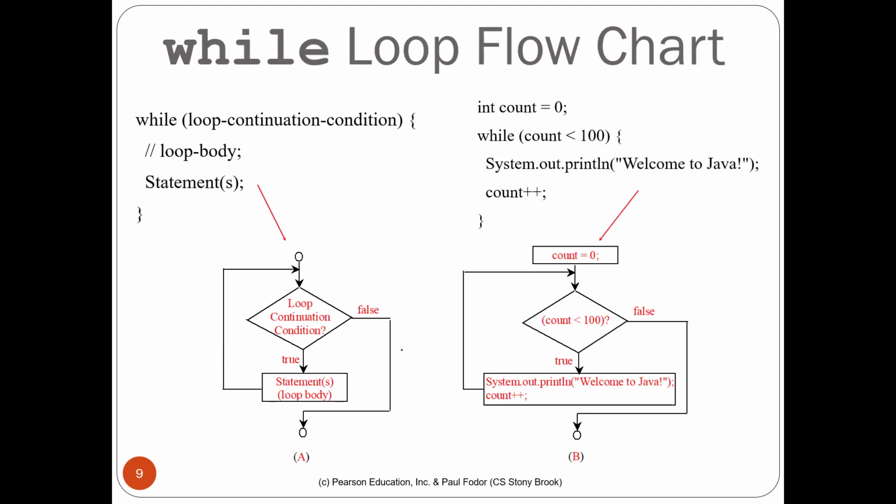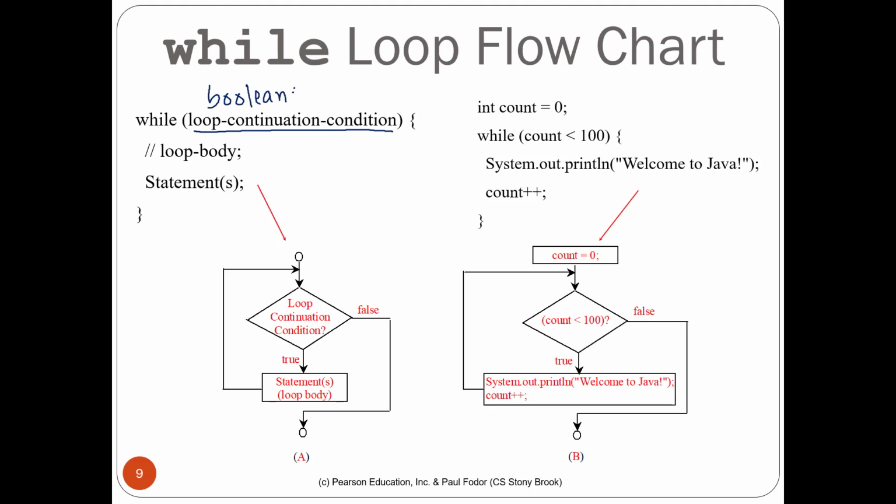Okay, so now let's look at the while loop. How does a while loop work? This is the general structure of a while loop, and right here we have the flowchart. When you write a while loop, in the parentheses you have a condition, which is Boolean.